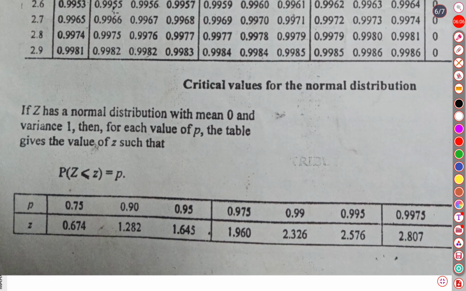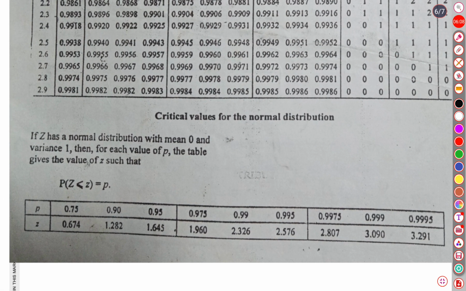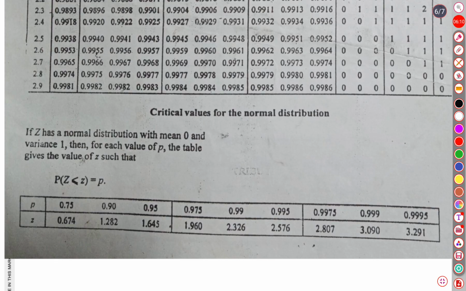At the bottom part of this normal distribution table, when the probability is 90, the corresponding z-score is 1.282. I think you have understood how to find the probability. At the bottom of the page they have given some specific probabilities and corresponding z-scores.